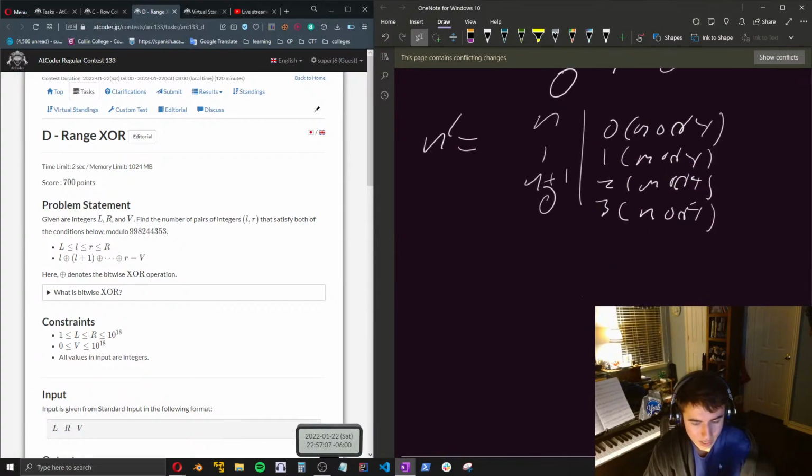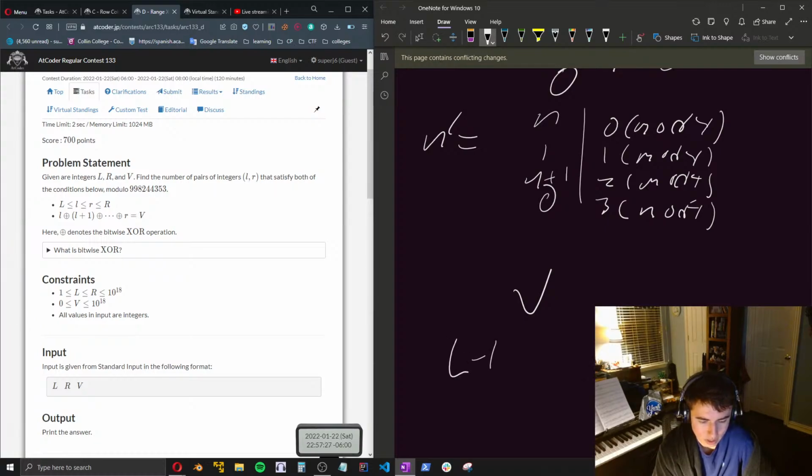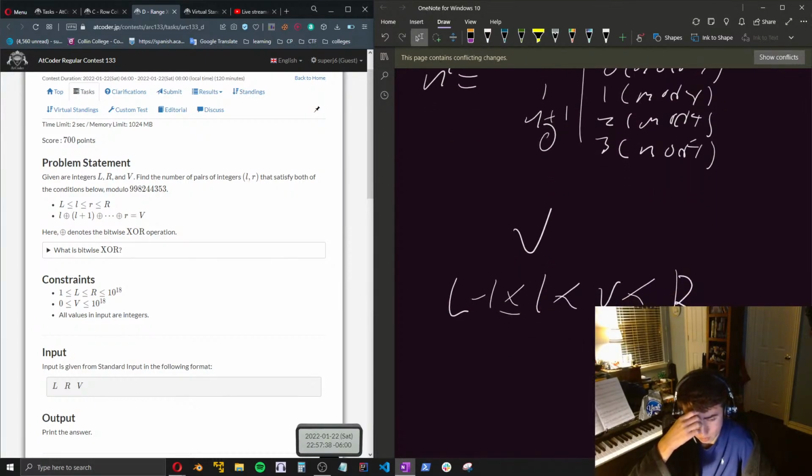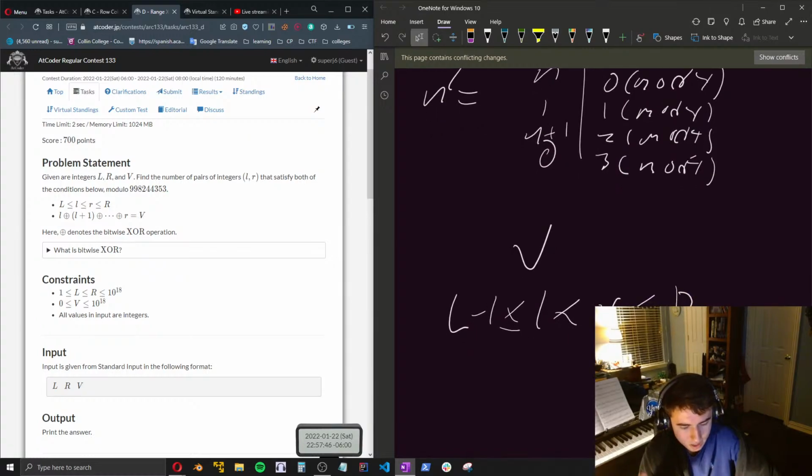So now, what are the ways then that we can get v? Well, we need the number of ways for the numbers L minus 1 less than or equal to L, strictly less than R, which is less than or equal to R. So let's just iterate over the cases of R and then get the corresponding L accordingly.